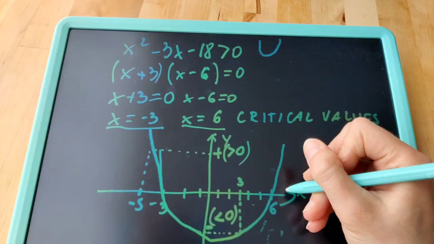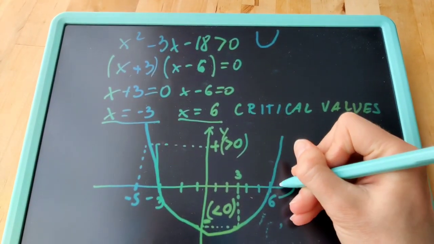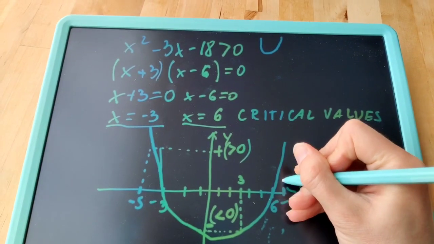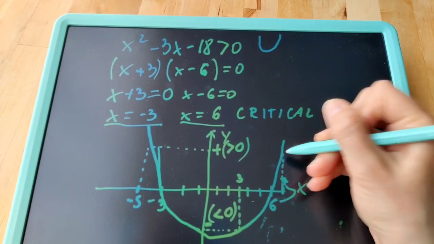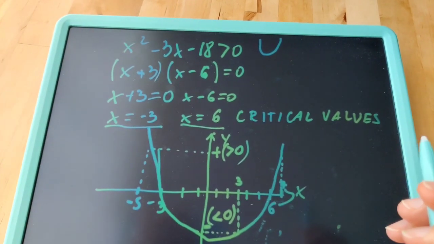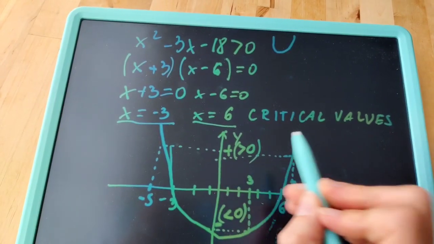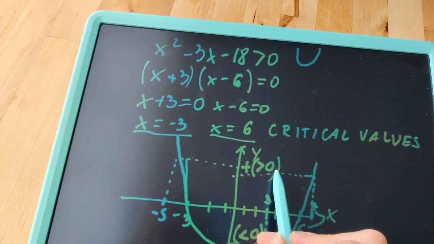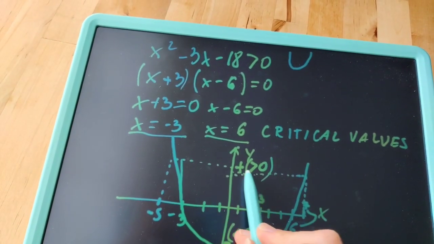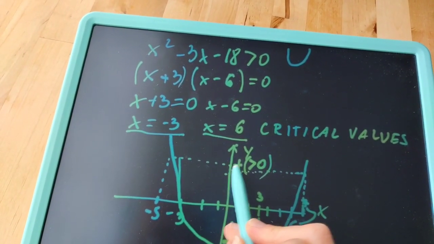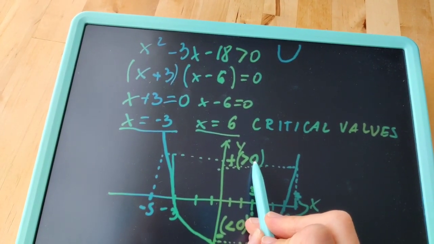Let's check values for x greater than 6. If we pick the value 7, I'm going to extend my dotted line here and then extend it over to our y-axis. This is not very straight, but I'll try to make up for it. So we've got our value. We can see that this is also positive, meaning greater than 0.